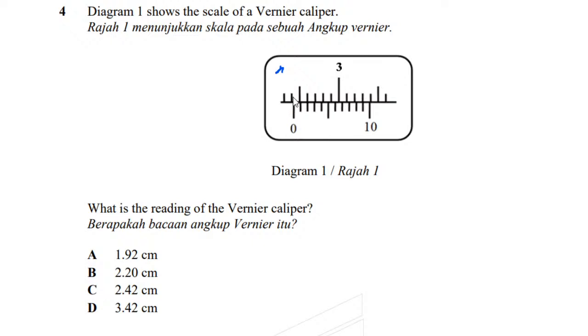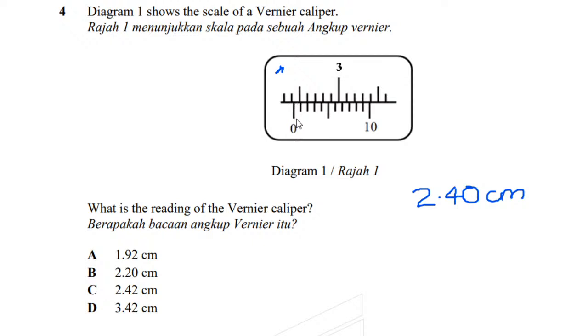Look at the zero of the vernier. It is in between 2 and 3, and this is 2.5, so here will be 2.4. So the reading on the main scale is 2.40.